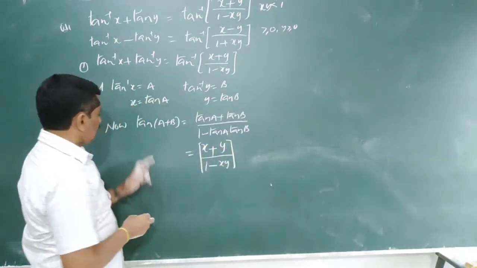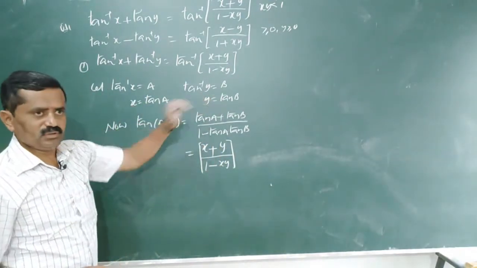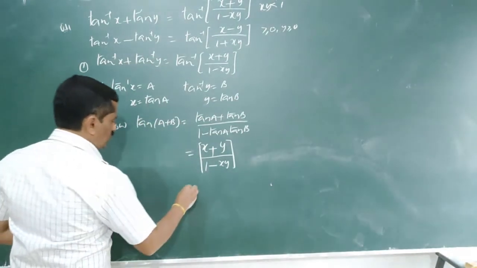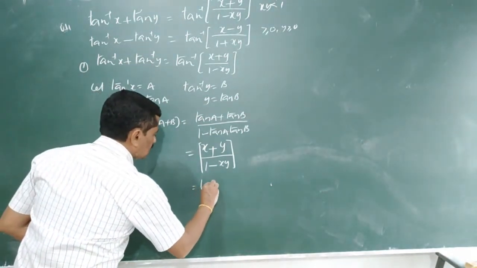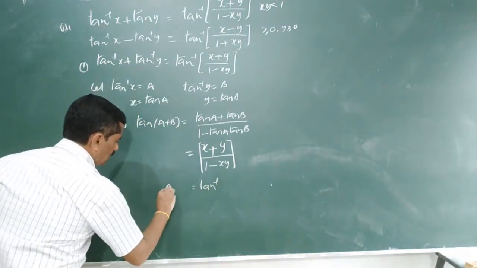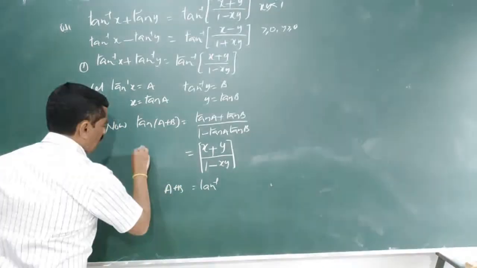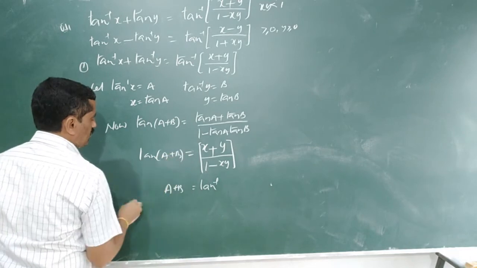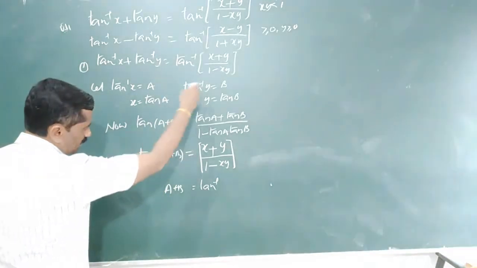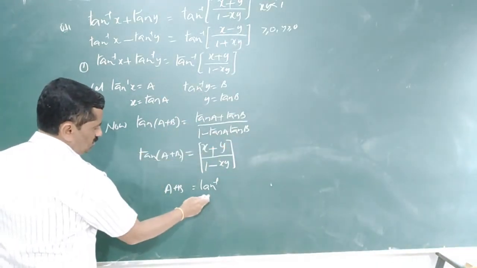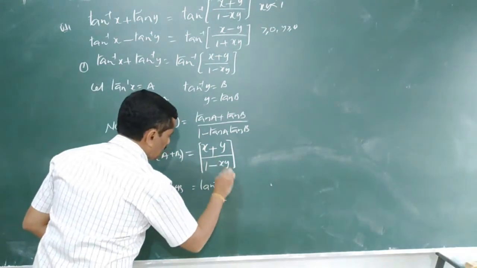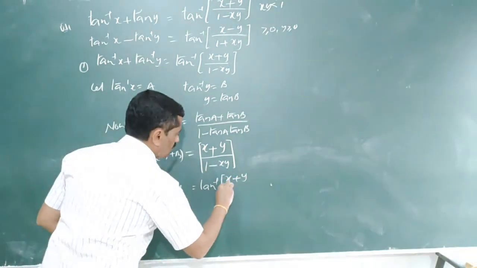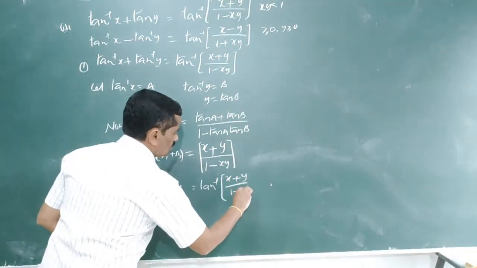Now bring this tan to RHS. Therefore a plus b is equal to tan inverse of (x plus y) whole divided by (1 minus xy).